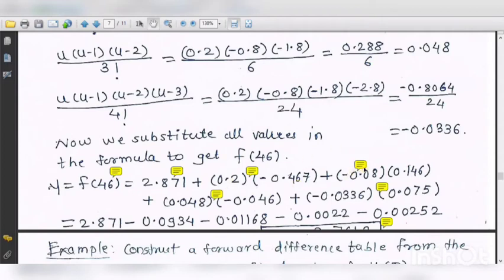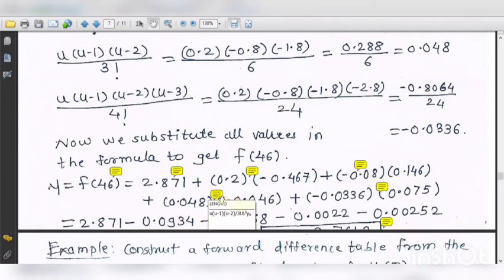Then this is u into u minus 1 upon 2 factorial. Calculate these values separately, because if we substitute directly in the formula, it will become very complicated. So find the values of the terms in the formula separately, then assemble them and get the answer. So here minus 0.08 into delta square y0, that is 0.146.